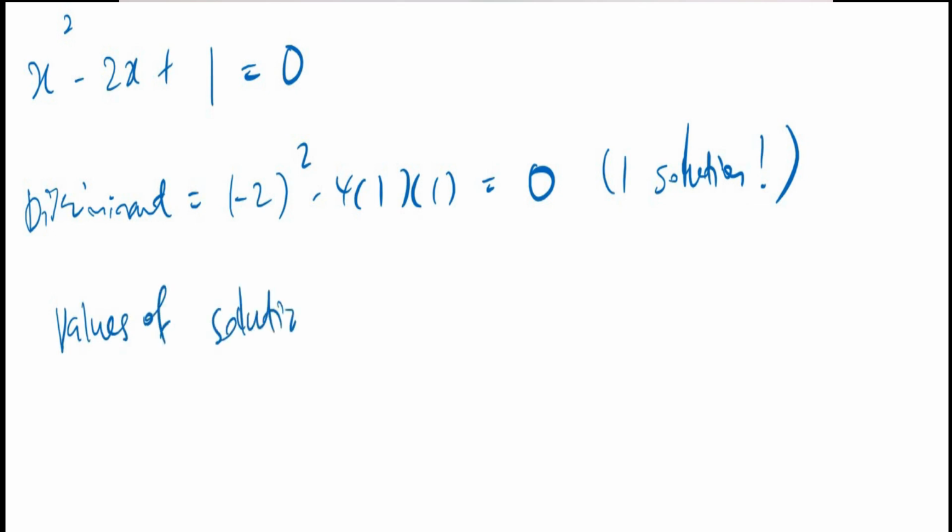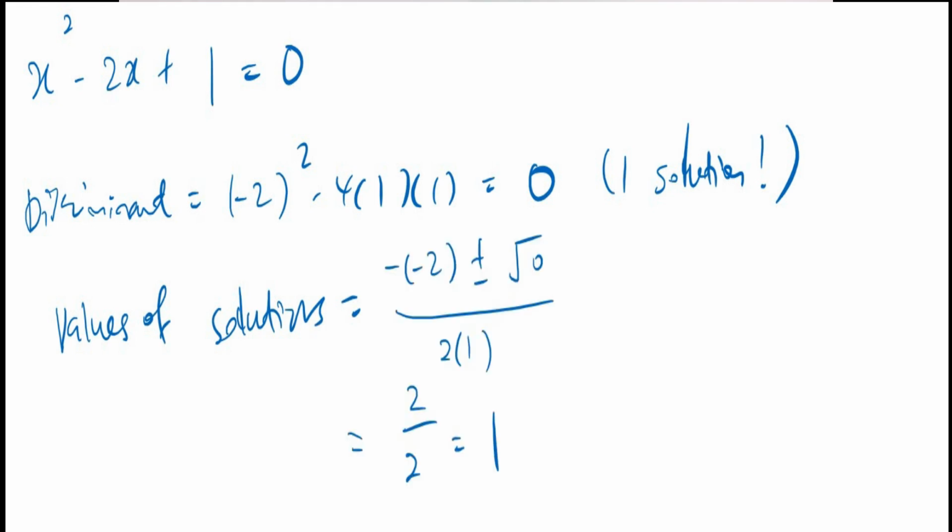So putting it into the quadratic formula to find the solutions, we have that there is only one solution, and that is equal to 1. So there you go, the 3 examples on how you can solve quadratic equations and use the discriminant formula to find out whether these quadratic equations have solutions or not.